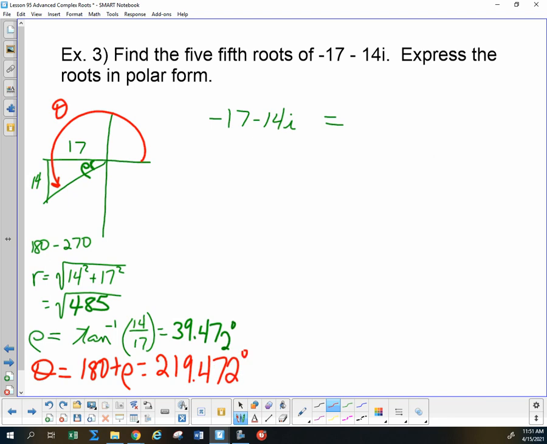So, is everybody coming up with this is the square root of 485 times the cis of 219.472 degrees? That's just negative 17 minus 14i. Now we need to worry about the fifth root.